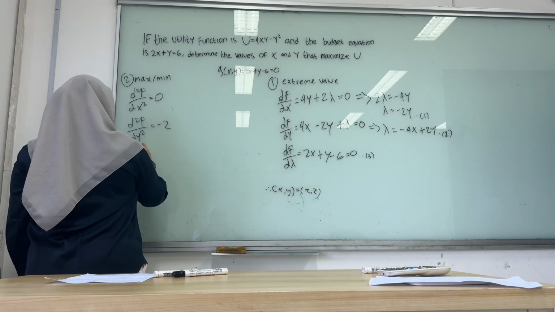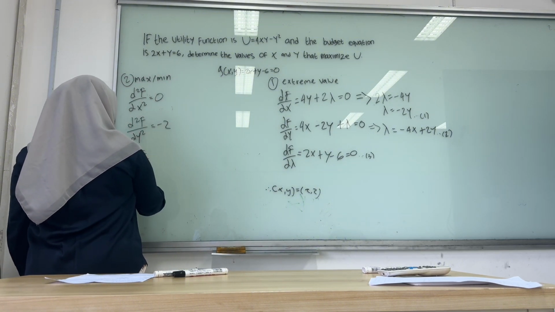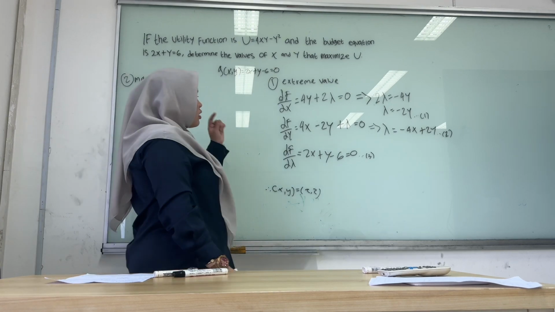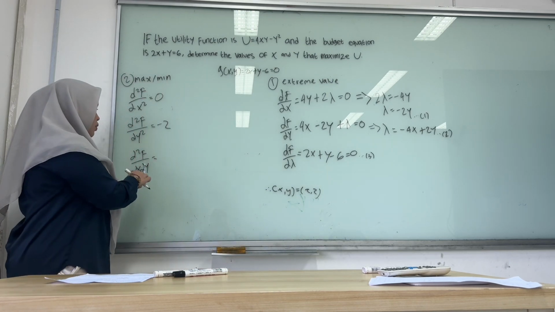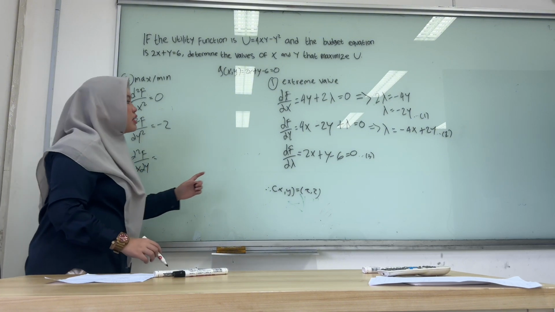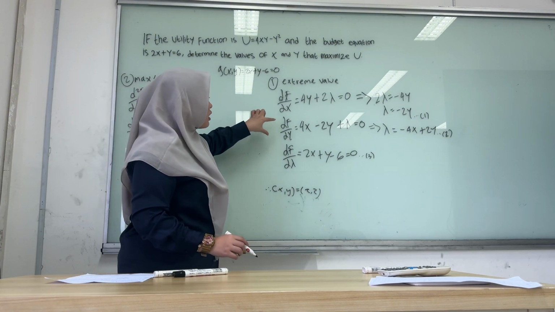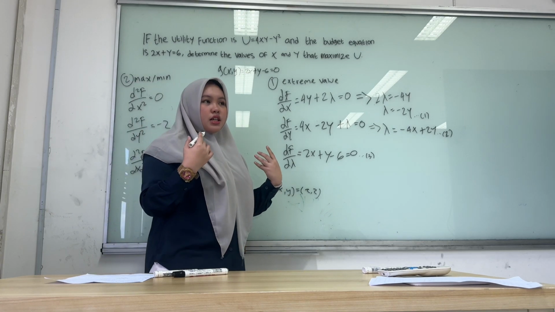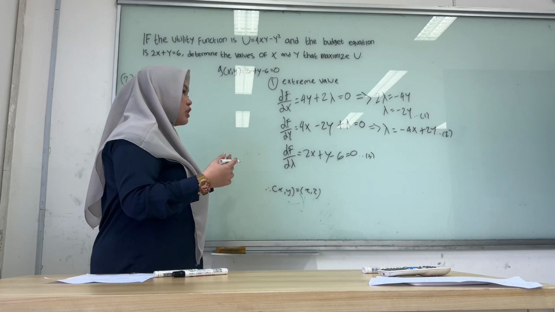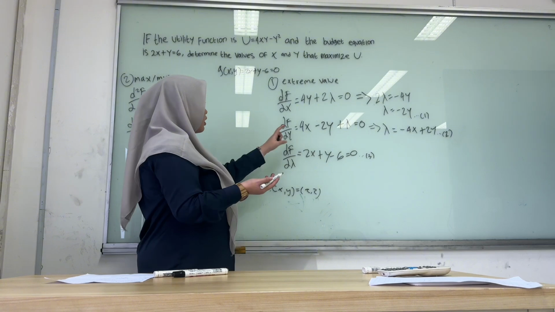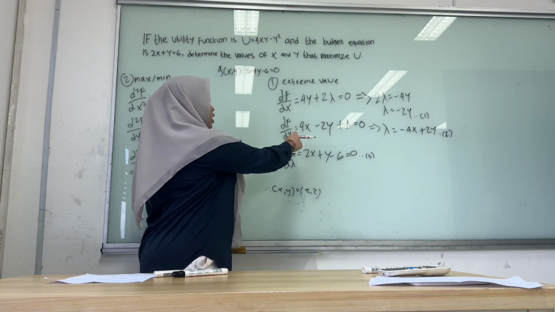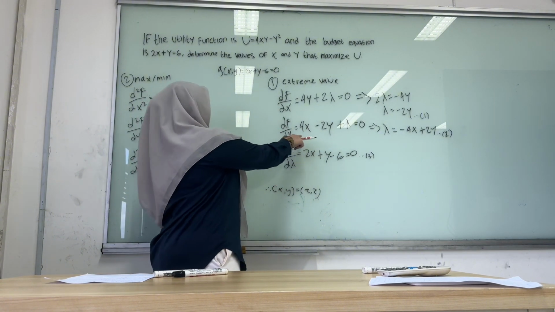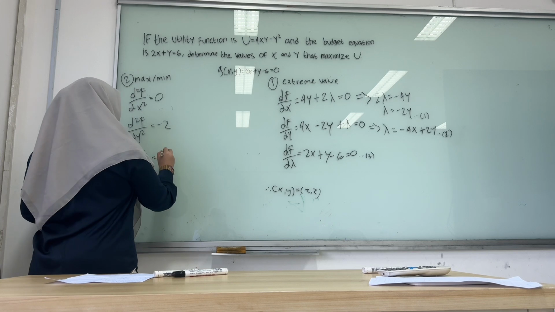And then dou squared f per dou x dou y: we look at dou f per dou y and take the derivative with respect to x. This is the x variable, so it is 4.